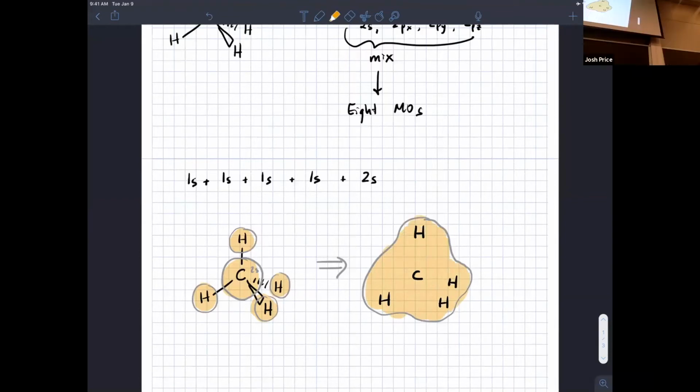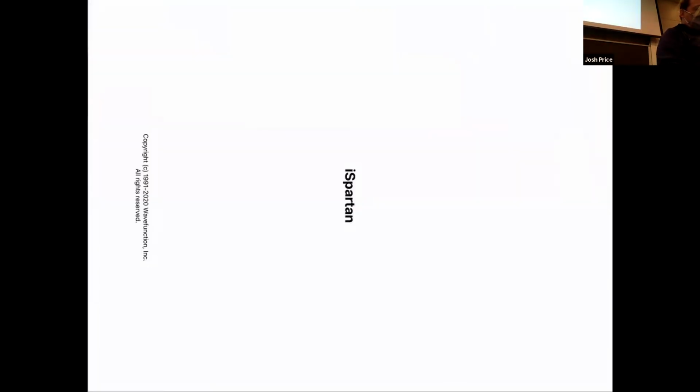And let me just take a second to show you a 3D turnable image of what this orbital looks like. There's a program called Spartan that I have on my iPad.